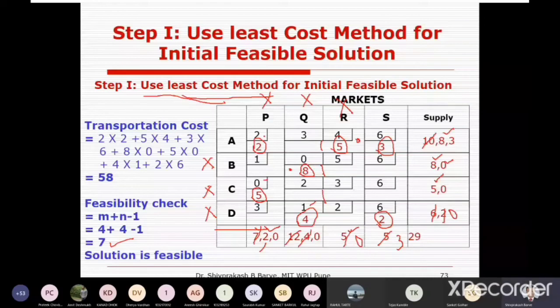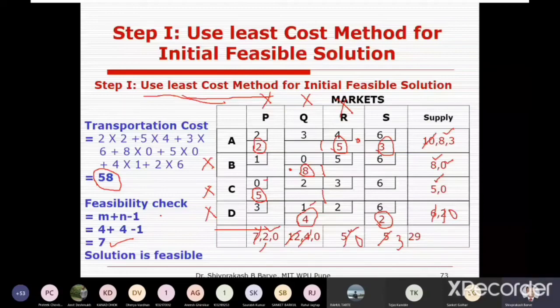Here I got transportation cost 2 into 2 plus 5 into 4 plus 3 into 6 plus 8 into 0 plus 5 into 0 plus 4 into 1 plus 2 into 6. This procedure is used for the minimization type, that's why it gives the solution initially for minimization. So this is the transportation cost I got for the initial feasible solution.